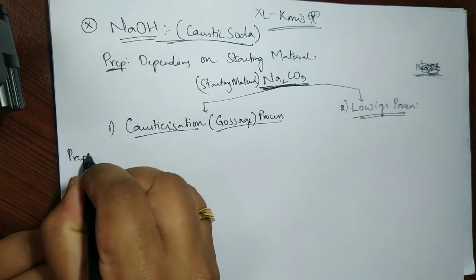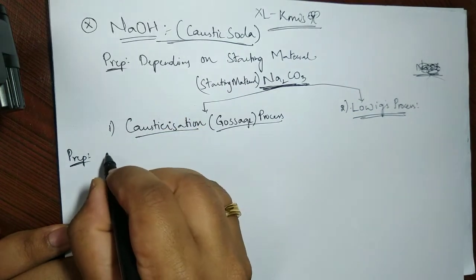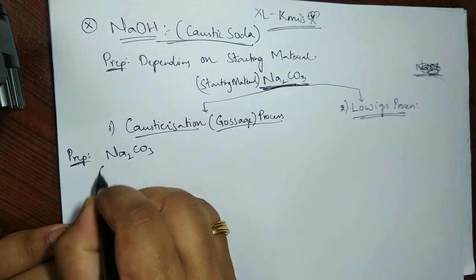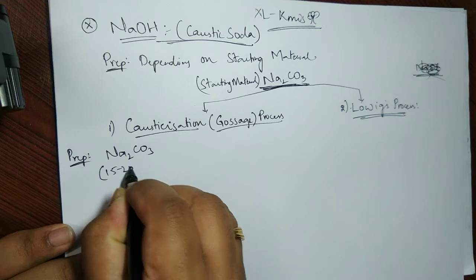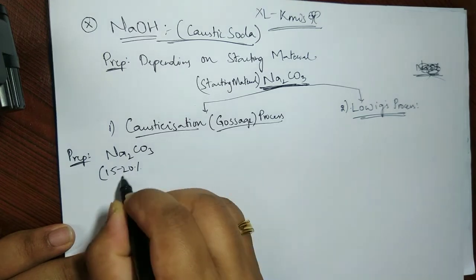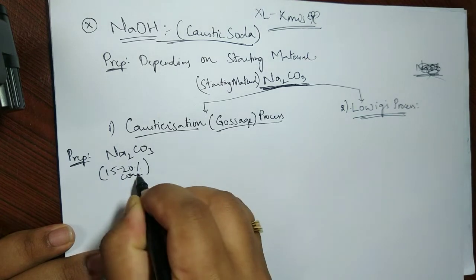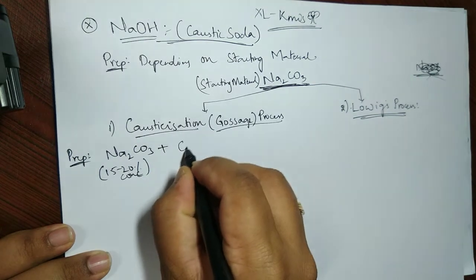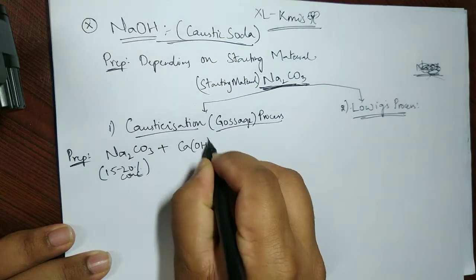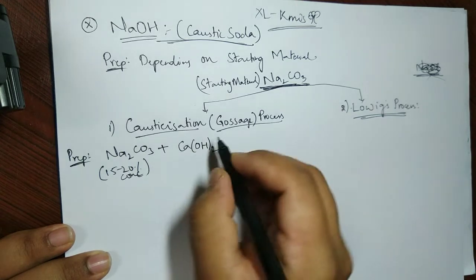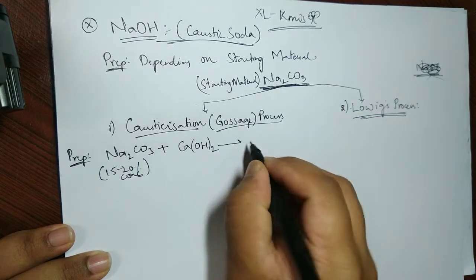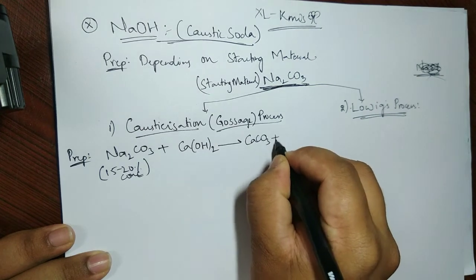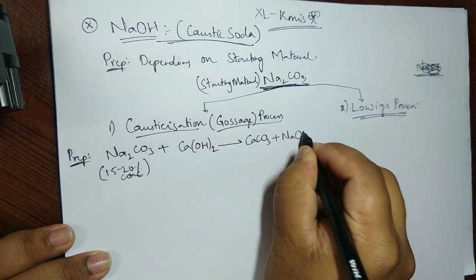Preparation under causticization: you have sodium carbonate, in fact we take a 15 to 20% concentrated solution. On treating with calcium hydroxide, we get calcium carbonate, CaCO3, plus sodium hydroxide.